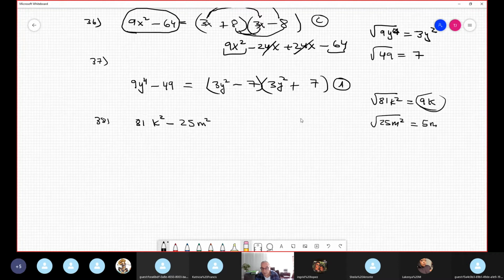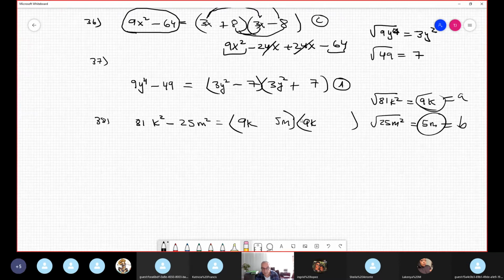I consider in my mind that this is A and this is B in my formula. And I open two parentheses: 9k, 5m, plus or minus. Like option C.